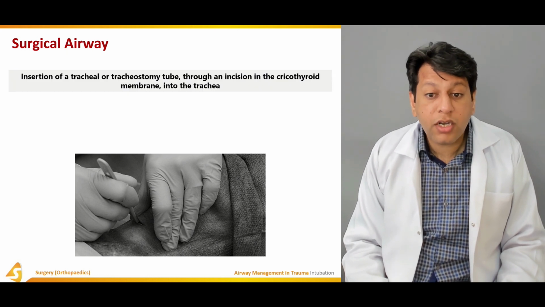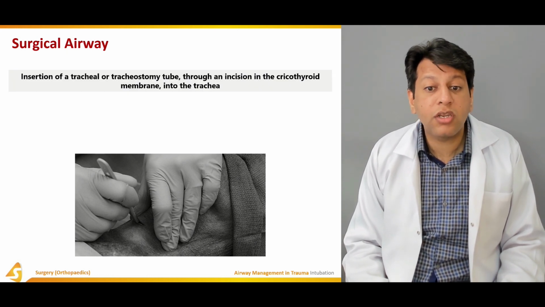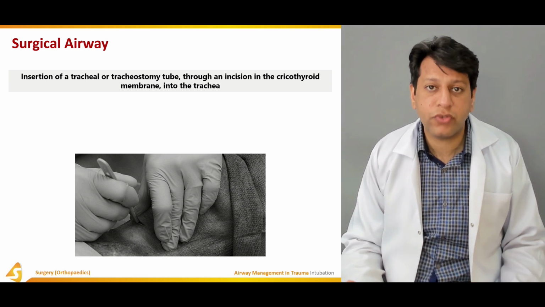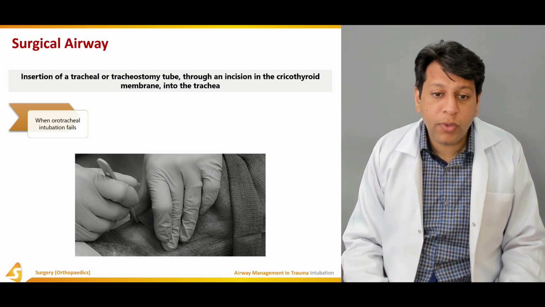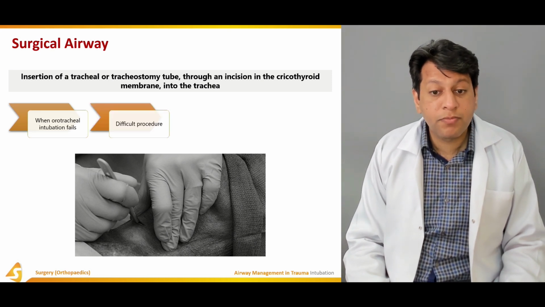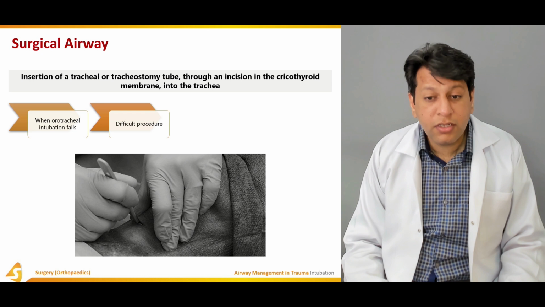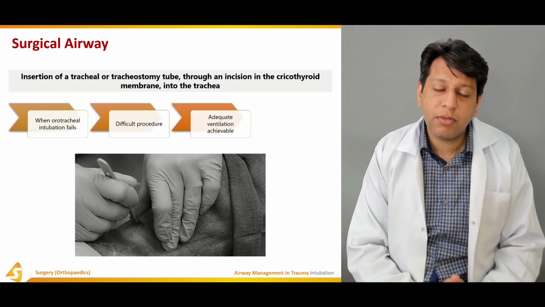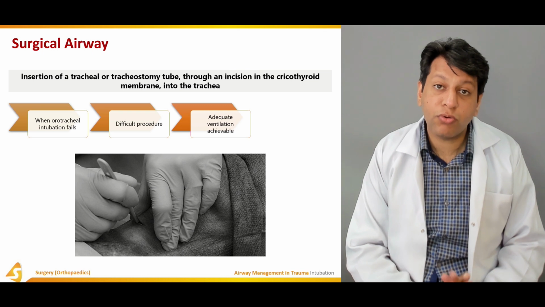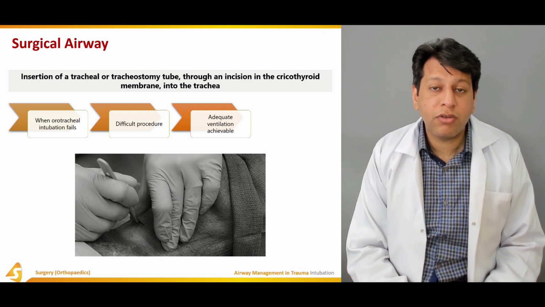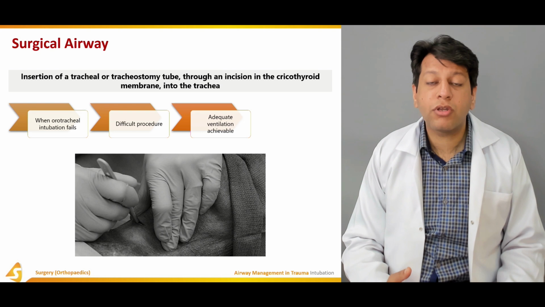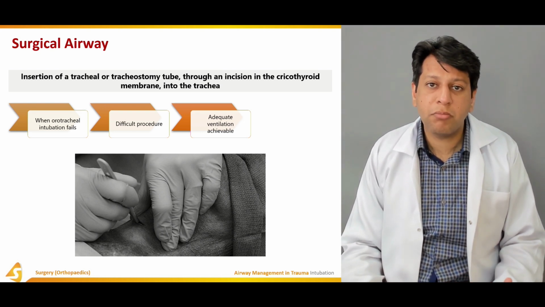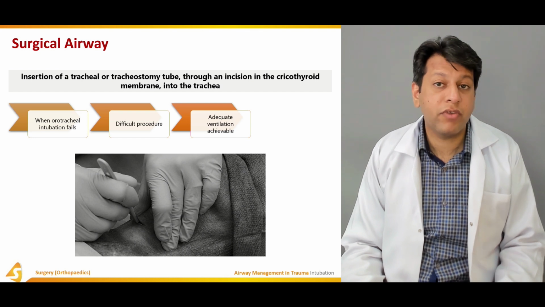Insertion of tracheal or tracheostomy tube through incision in the cricothyroid membrane or into the trachea is basically maintenance of surgical airway. When orotracheal intubation fails, it's a difficult procedure, but adequate ventilation can be achieved, because once we are not able to pass endotracheal tube or orotracheal tube, we cannot continue with needle cricothyroidotomy, because that is not going to give us effective ventilation.